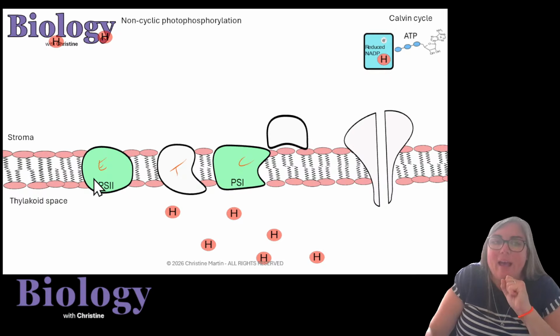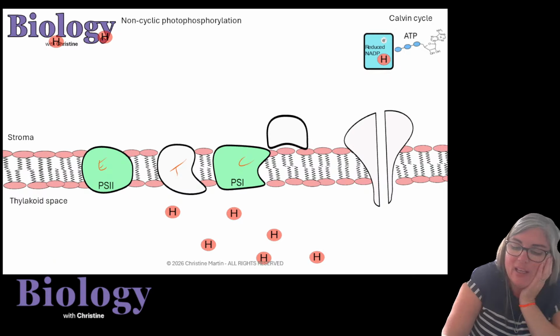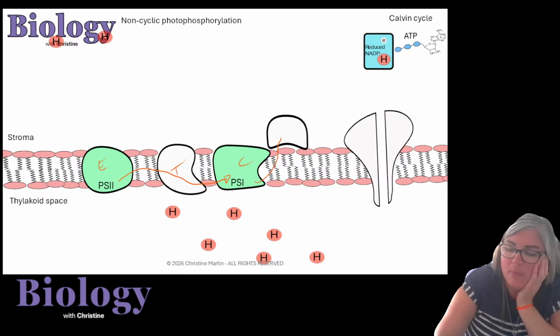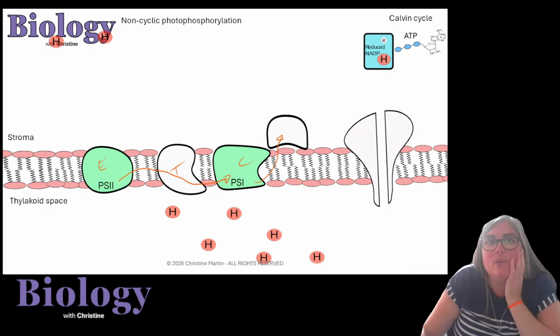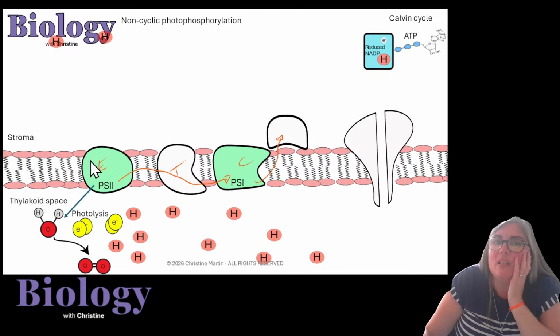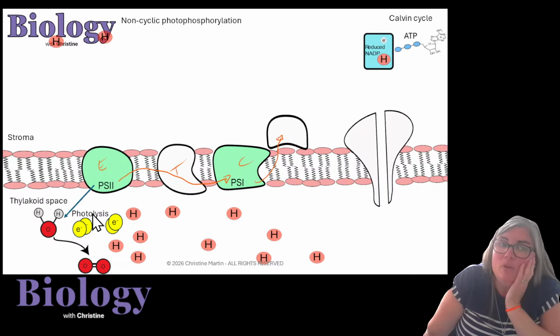Now, if I have my electrons, because my photon of light has gone and my electrons have gone from photosystem 2 to photosystem 1 and photosystem 1 to reduce NADP, I need to replace those electrons, and therefore to replace the electrons into photosystem 2, I need photolysis. I need to break the water down, which releases the oxygen.